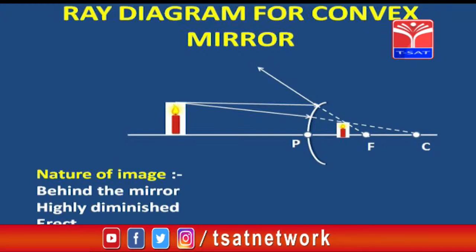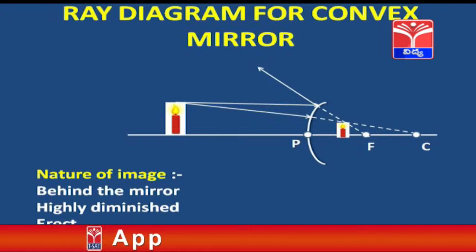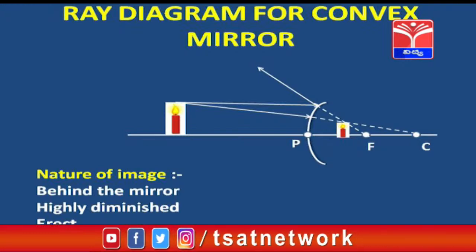A ray parallel to the principal axis is reflected such that it appears to be coming through the focus.